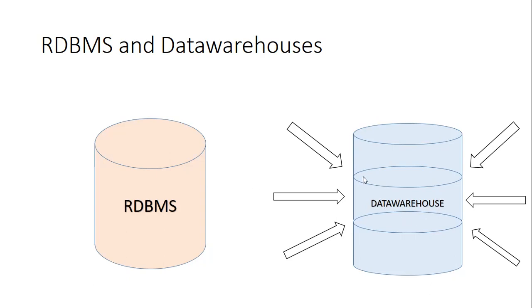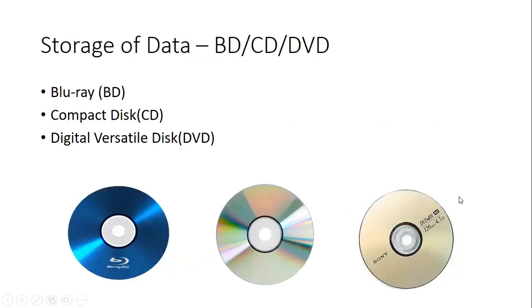So anything that we want to look at for decision making, or we want to generate reports or some kind of analysis, we will perform those on data warehouses. We'll run some kind of programs using SQL generally, and then try to retrieve the data and see how that could be done. Okay, so that's about RDBMSs and data warehouses.